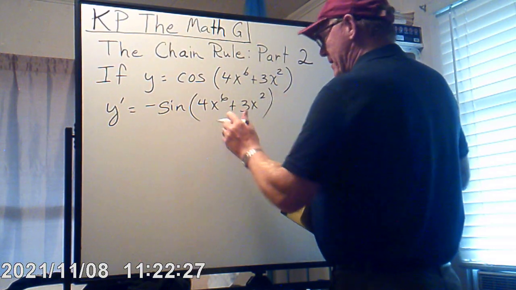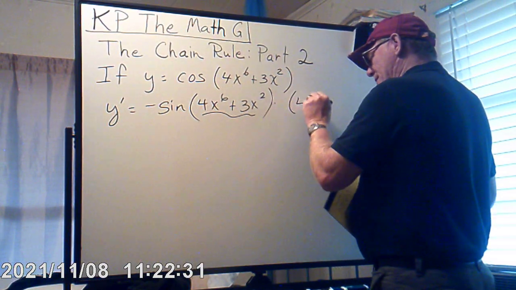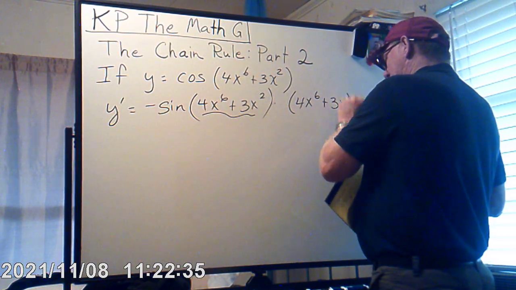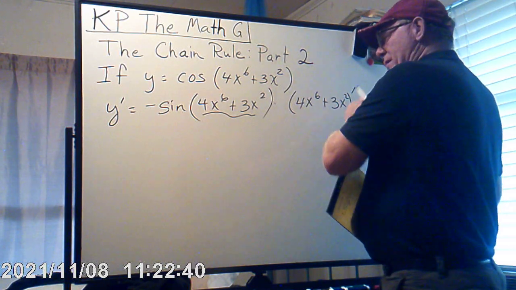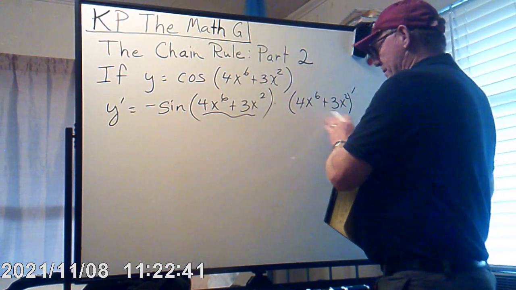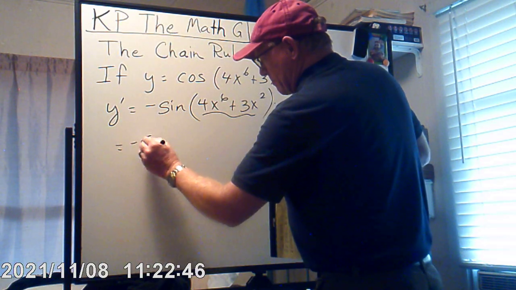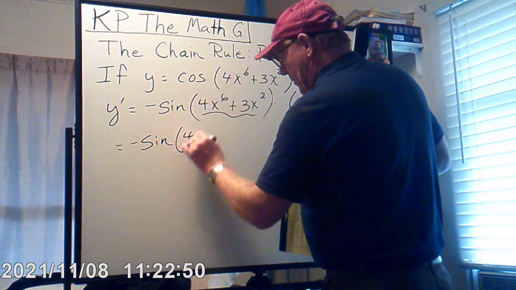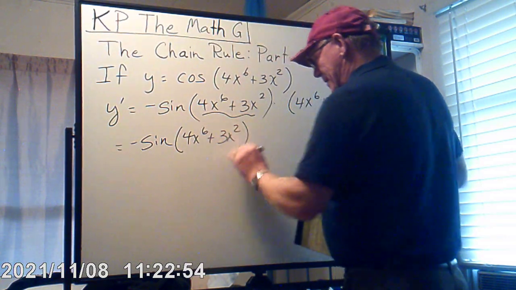Now we take the derivative of 4x to the 6th plus 3x squared, so that's what we're going to do next. Okay, so this equals negative sine of 4x to the 6th plus 3x squared.